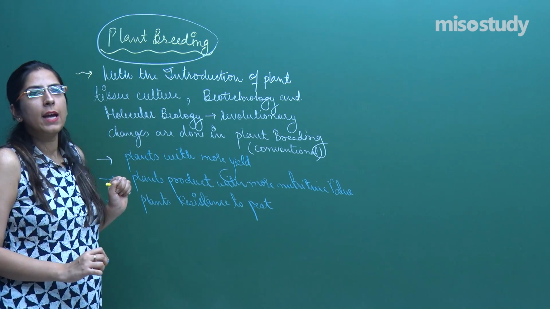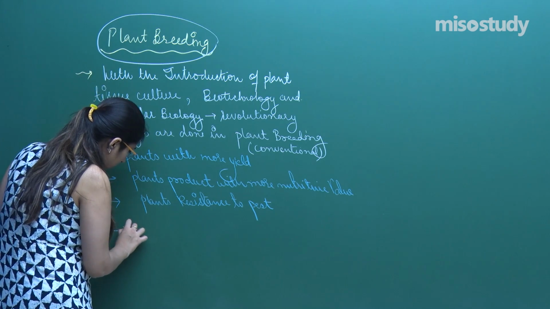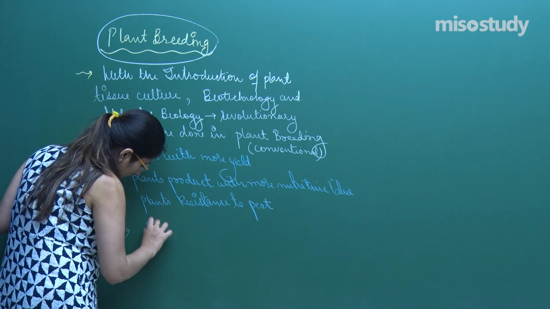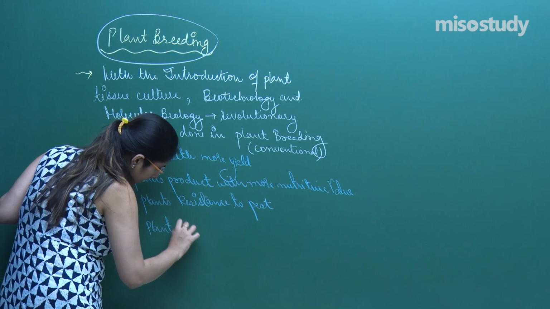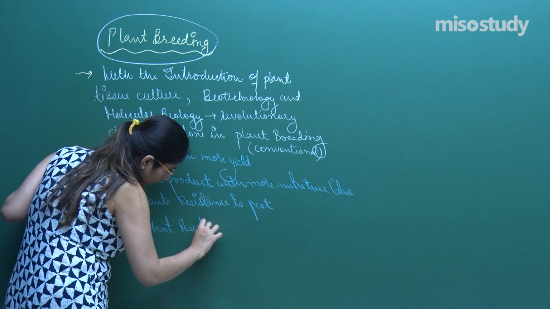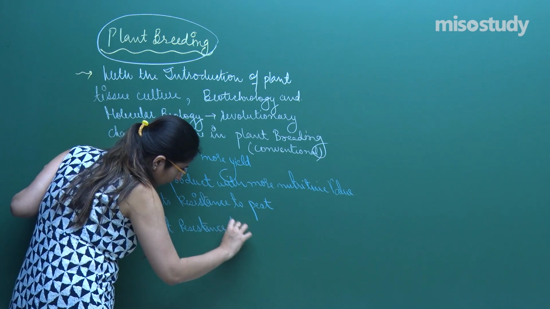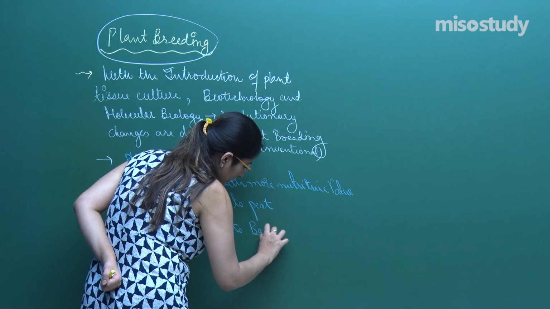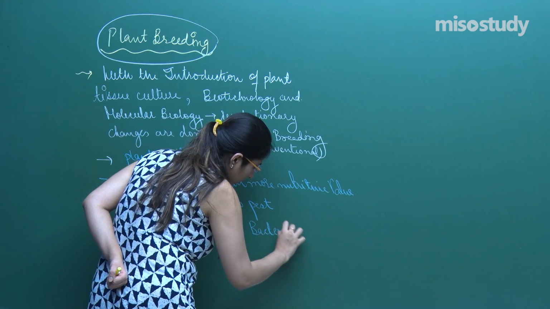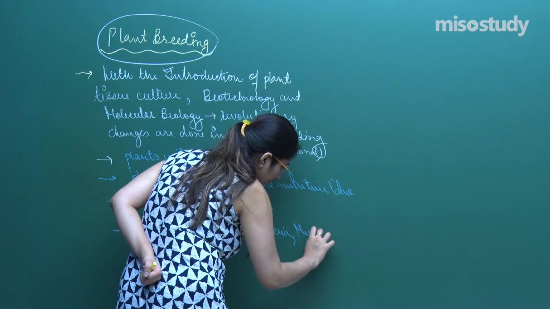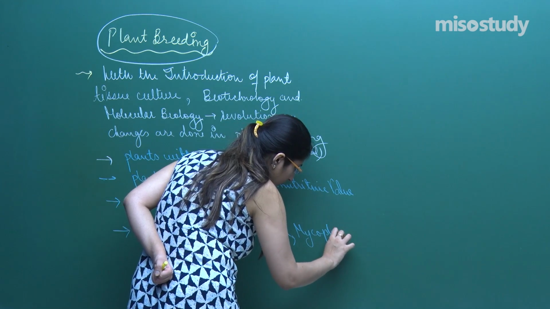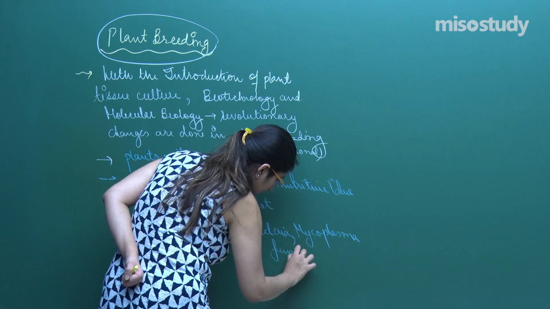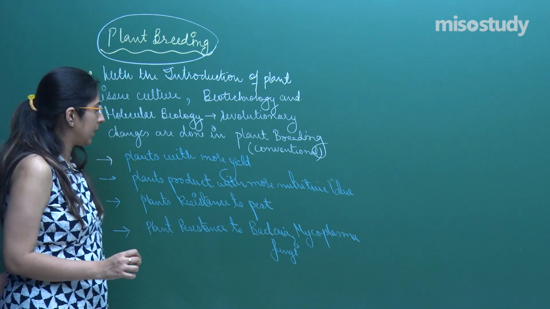Resistant to the pest, and next is they are resistant to the bacteria, mycoplasma. So let's talk about those. Plant resistance to bacteria, mycoplasma, fungi, etc. Right?